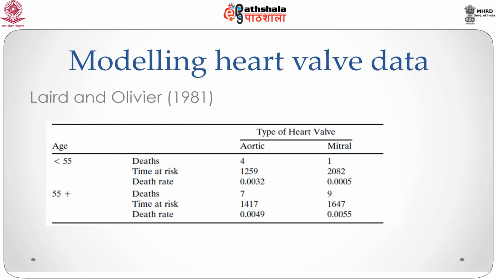Here is an example for Poisson rate regression. The data is taken from a 1981 paper by Laird and Olivier, who analyzed patient survival after heart valve replacement. So they looked at 109 patients and classified them by the type of heart valve, aortic or mitral, and by age, which is less than 55 or above 55.